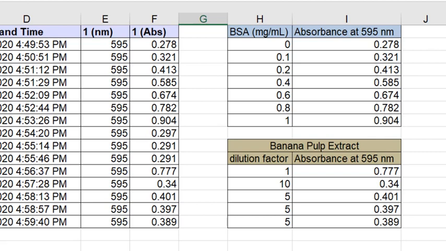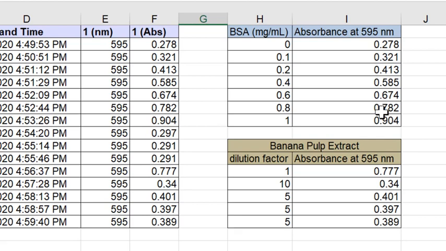Without doing a calculation, you can already see that the undiluted banana extract with the dilution factor 1 is very close in its absorption value to the standard with a protein concentration of 0.8 milligram per milliliter.